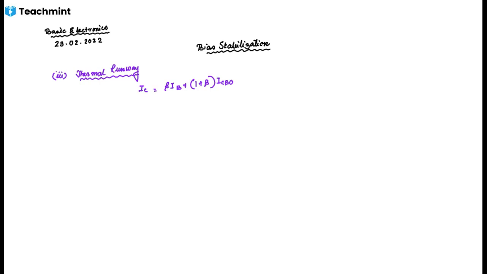Flow of collector current in the collector circuit produces heat at the collector junction. So when the current flows, what will happen? The heat raises the temperature of the collector junction.